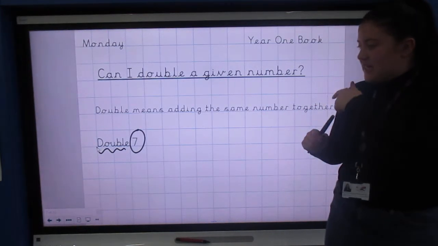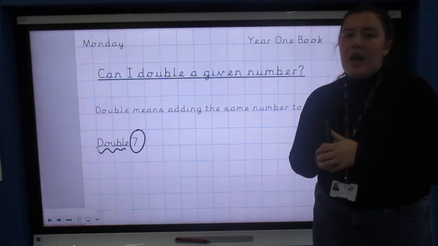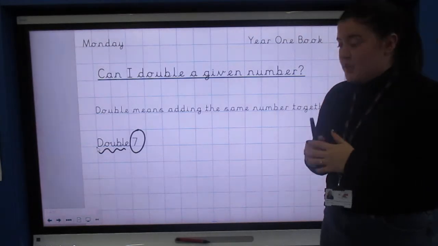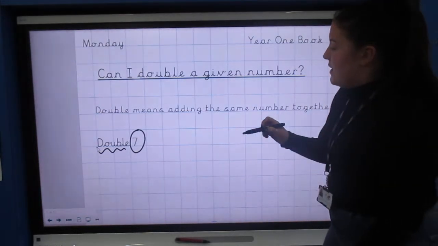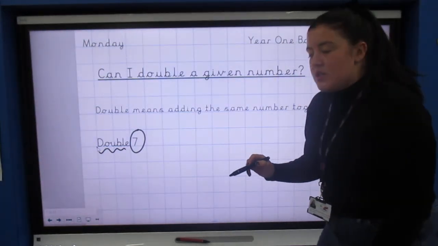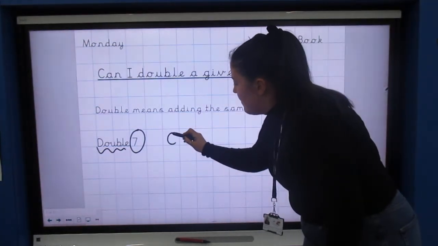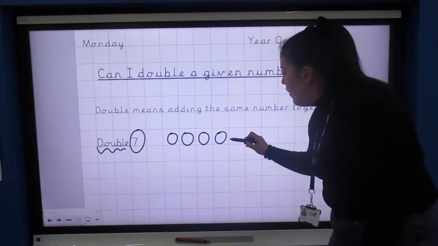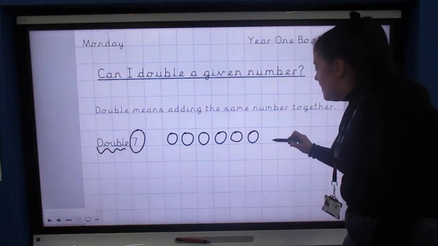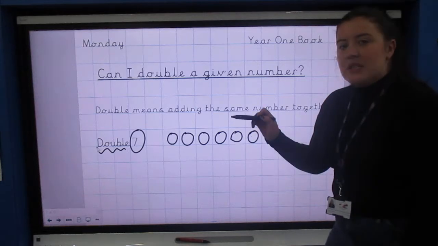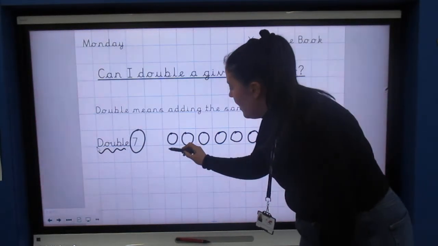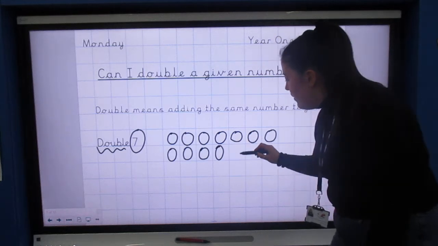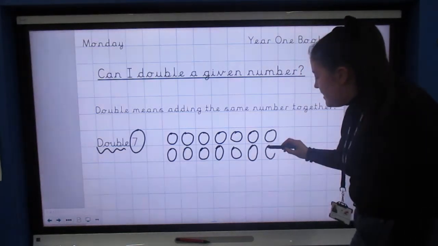Well done. Let's think about how we can write that down. How can we record that learning? We could draw it. So let's do it now. You could get your whiteboard and do it with me. Write double 7 at the top. We're going to draw 7 circles. 1, 2, 3, 4, 5, 6, 7. Then we're going to add another 7. Okay? 1, 2, 3, 4, 5, 6, 7.